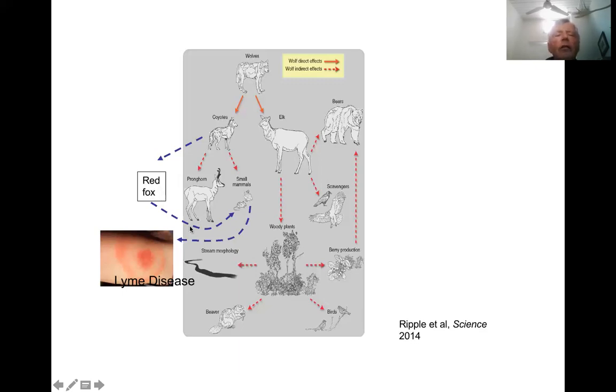Foxes, it turns out, are very important predators of small mammals. Small mammals are an important intermediate species in the life history of deer ticks. Deer ticks are the carrier of Borrelia. Borrelia is the agent, it's a bacterium. Borrelia is the agent of Lyme disease.